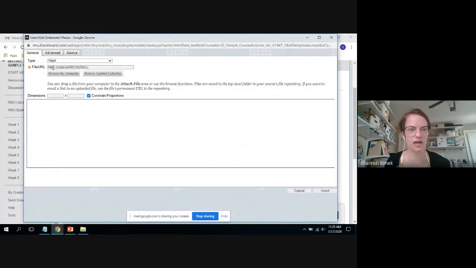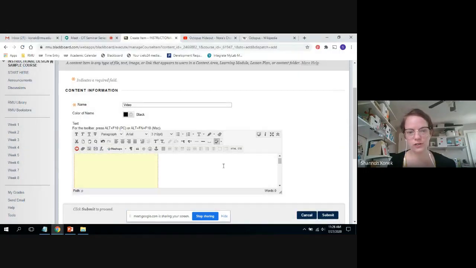And you just copy the URL right here where it says URL. And this will populate automatically. You just insert, and when you're looking at it in this preview mode, you're going to see just this little blank box here, and you might think, oh no, it's not working, but it is.